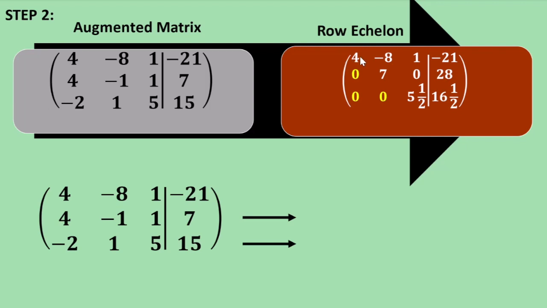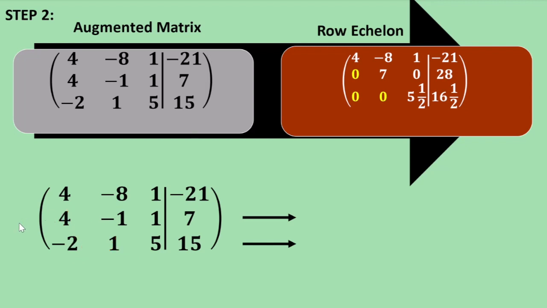Now, if we look at the row echelon form closely, we would see that the matrix here is an upper triangular matrix, where this is the leading diagonal and the values underneath the leading diagonal are zeros. Now let's start performing the elementary row operation to reduce these values to zeros.